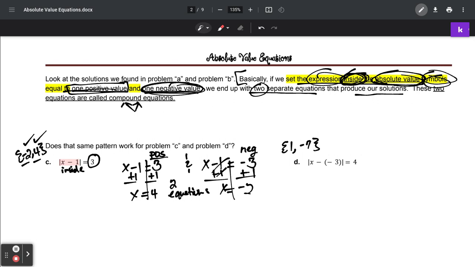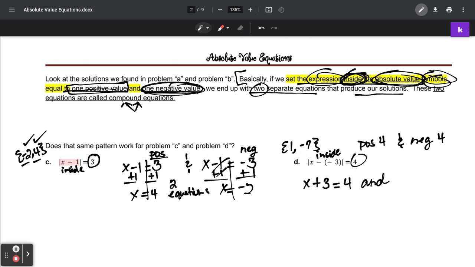All you do is take what you see on the inside, take that inside expression and set it equal to the positive version of 4 and the negative version of 4. So I'm going to take my inside, x, and instead of minus negative 3, I'm just going to put plus 3 because that's what it is.